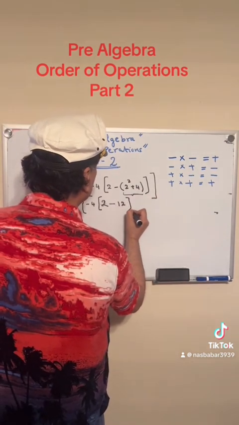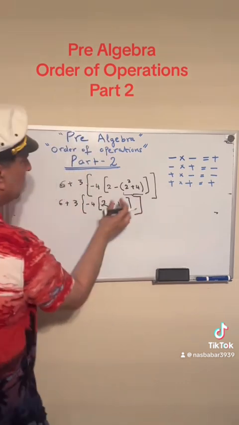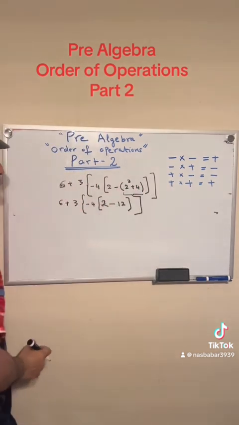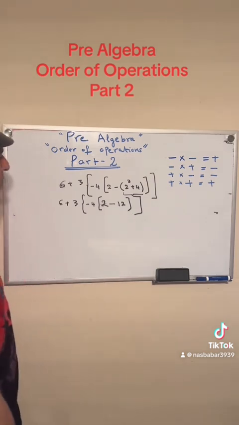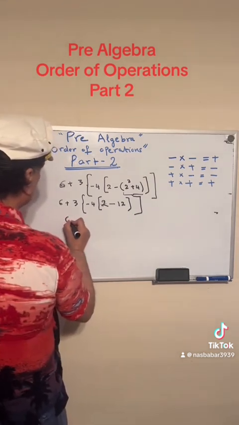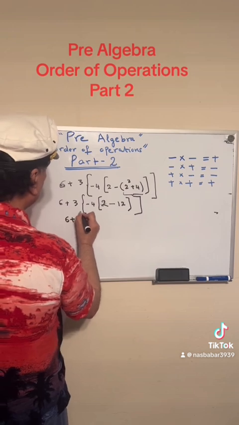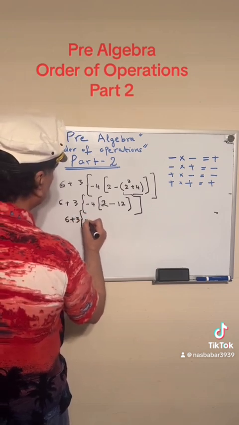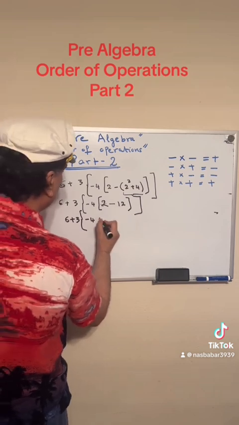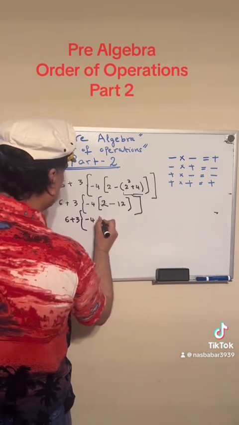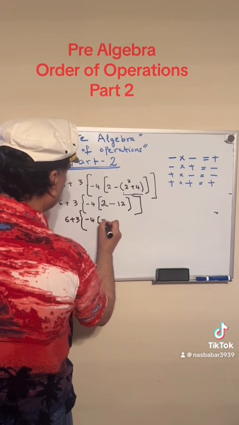So we got rid of this parenthesis. Now we have another parenthesis, 2 minus 12, so we have to solve for that. So 6 plus 3, big parenthesis, minus 4, and 2 minus 12 is negative 10. So I'm going to write this as negative 10 and then close the parenthesis.